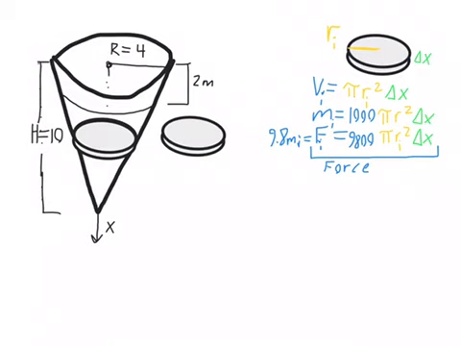So we're going to do this all in the metric system. A base radius of 4, or you could say the top radius is 4. And we're going to say that this thing is filled to a height of 8 meters.